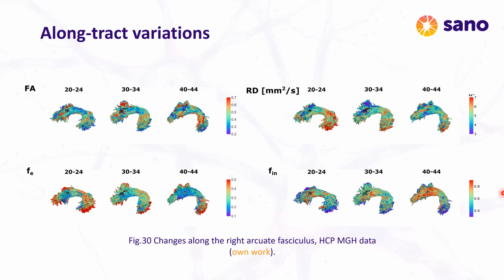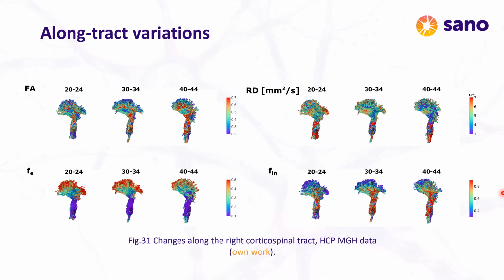In the case of the right arcuate fasciculus, the fractional anisotropy shows the highest values at about 1/4 and 3/4 of the pathway length, and the lowest in the central part. On the other hand, in the case of radial diffusivity, high values are characteristic for one end of the bundle, and for the other, the values are the lowest. The extraneurite volume fraction of the NODDI model shows higher values at the ends of the bundles and lower in the middle part. And the interaxonal volume fraction of the SMT model shows an opposite trend.